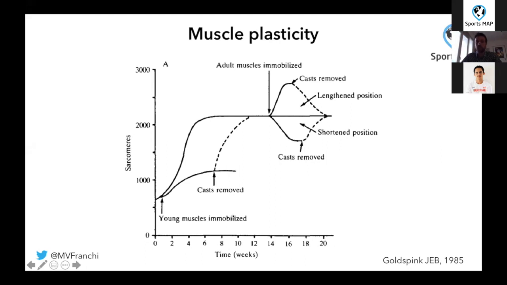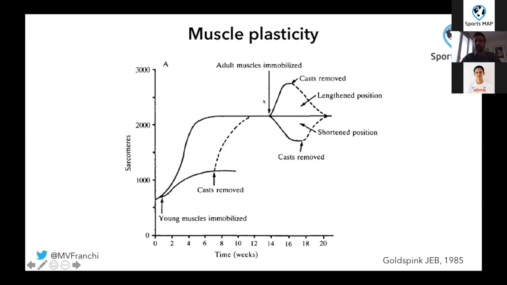If you immobilize a muscle of a young mouse, you can see that the sarcomere addition in series is quite impaired, but is somehow restored when the cast is removed. Then at some point around the 5th week, the mouse becomes an adult, and the sarcomere number in this muscle is a little bit stabilized.